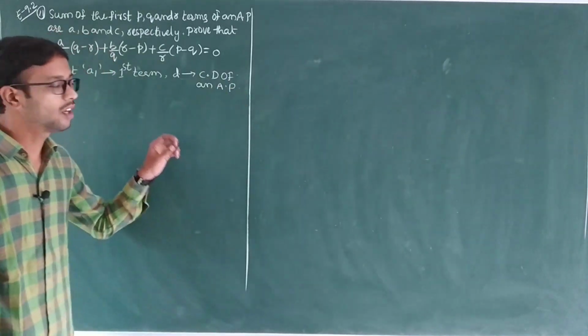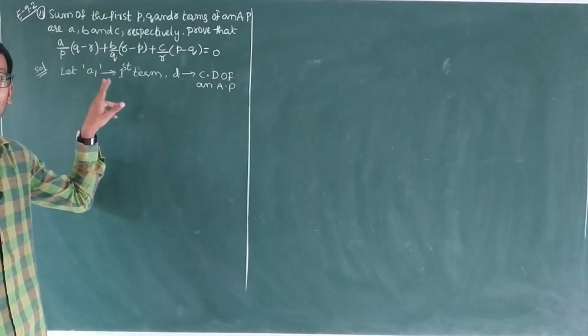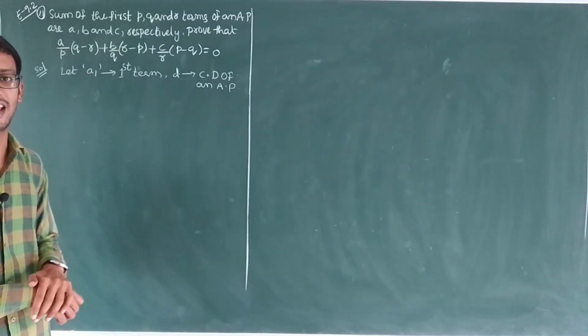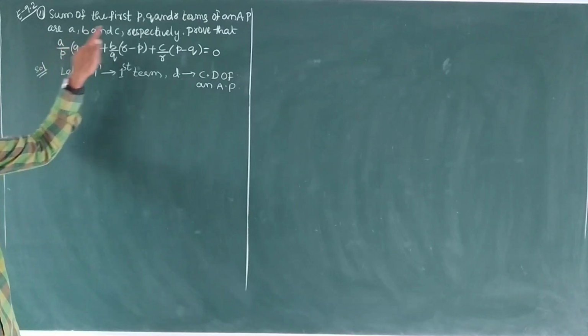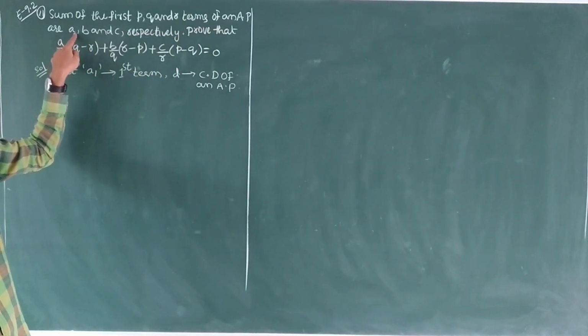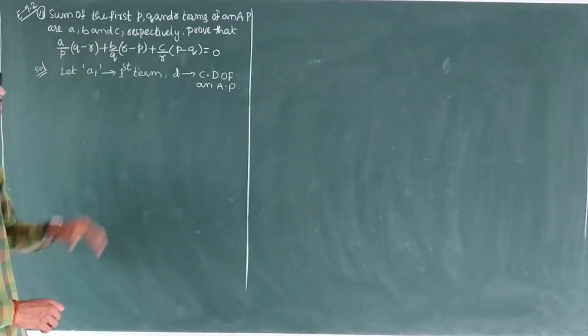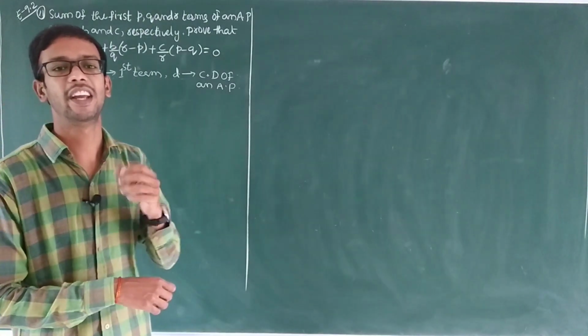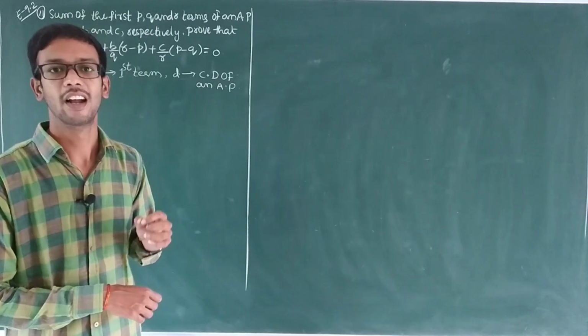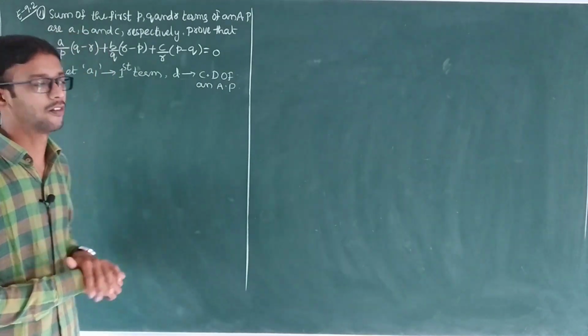Sir, why are you taking A1? Actually the first term is A, but I am taking it as A1. Why? Because the given sums are already A, B, C, so this A would be confused. For variation purposes only, I am taking the first term as A1.